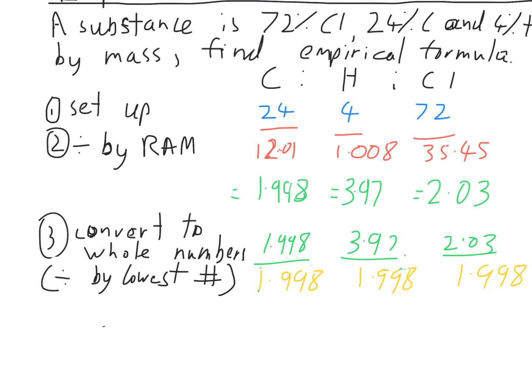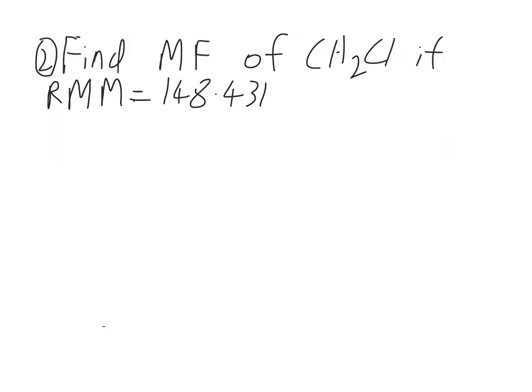So if you divide all three of them by 1.998, you should get numbers that are 1, 2, and roughly 1 there as well. You can round within reason. If it's within 0.01 or 0.02, you can round off, but that should give you these as your numbers. Basically, that tells you your empirical formula is CH2Cl.